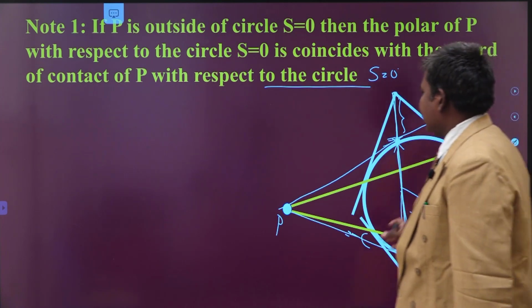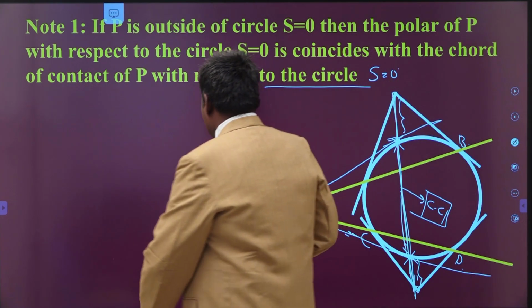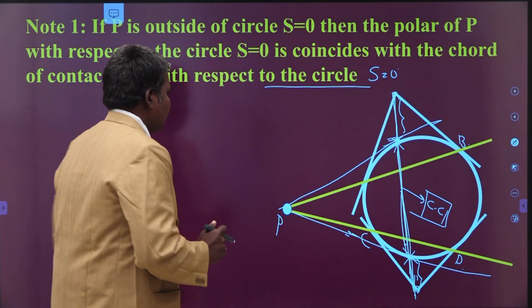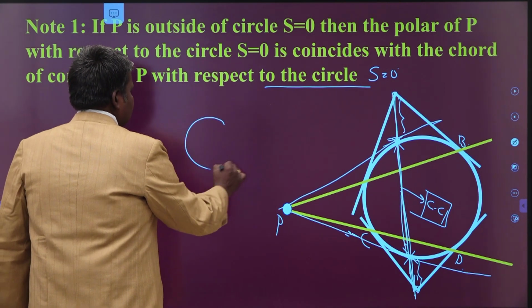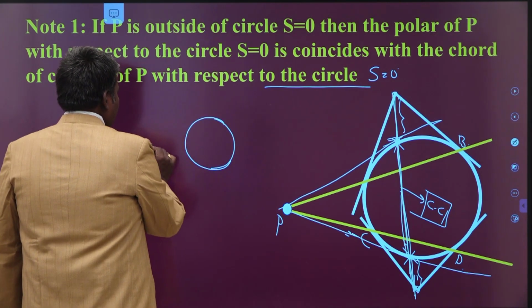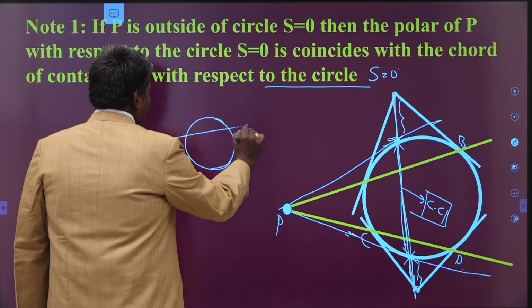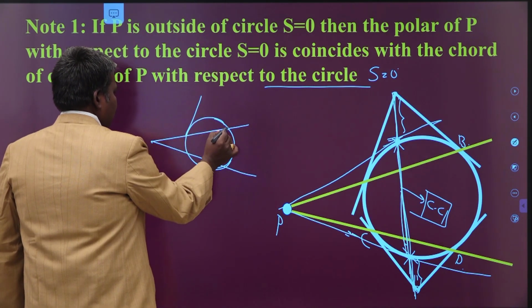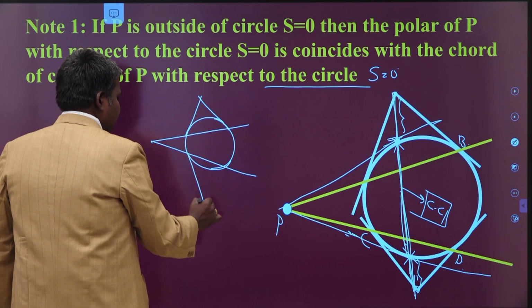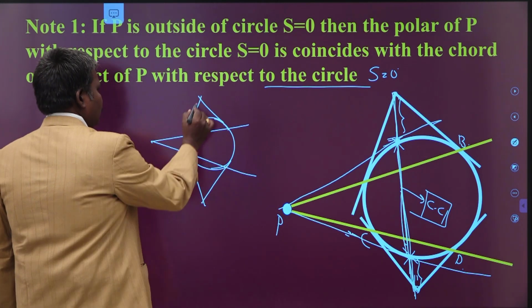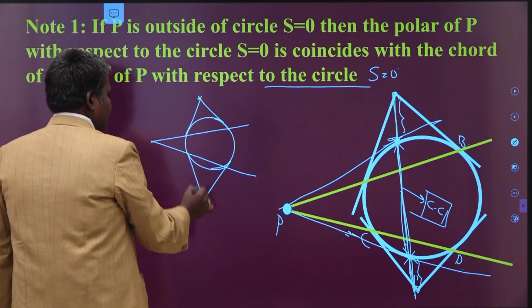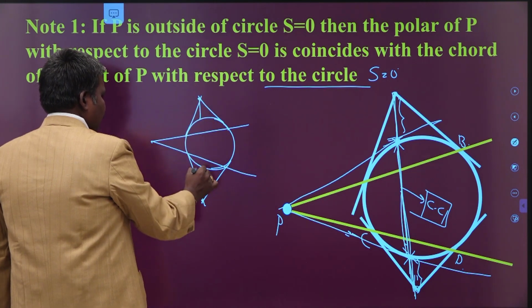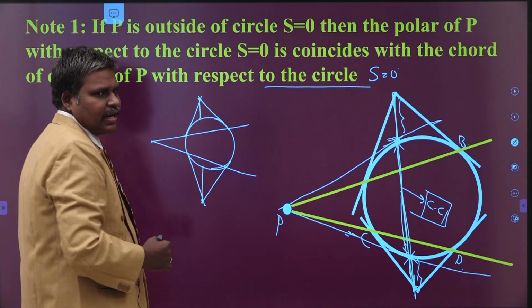Okay, in this manner we can draw the chord of contact and polar of point P with respect to the circle. Suppose this is the circle, this is my point, I would like to draw the polar of P. These are the tangents drawn at the extremities of chords. So these are the points of intersection. You collect all such points, you get a locus in this manner.